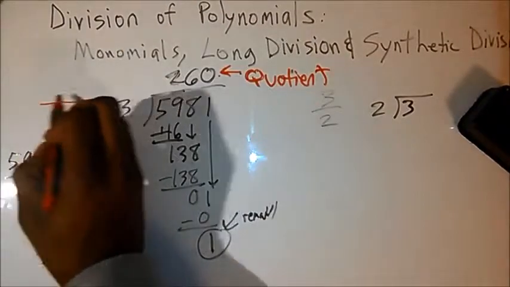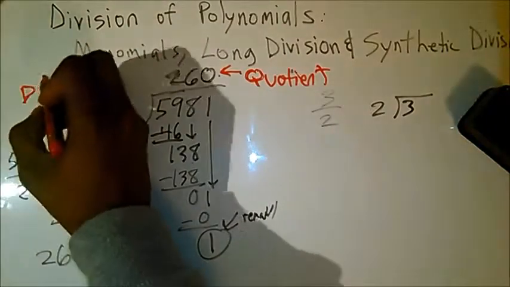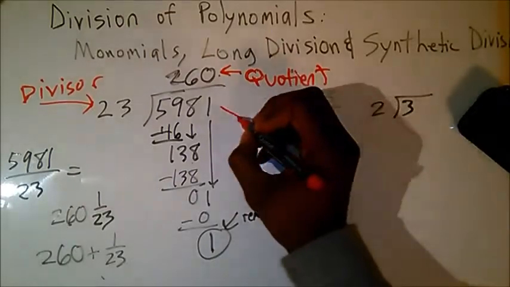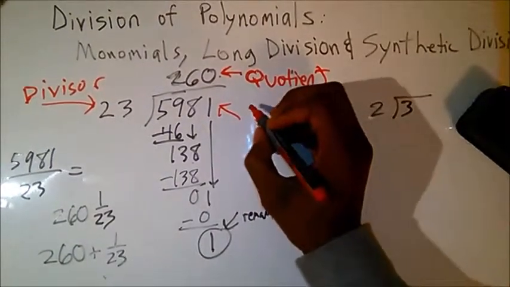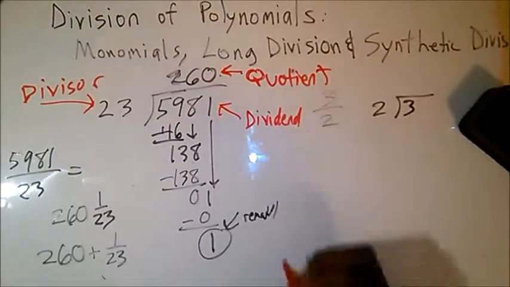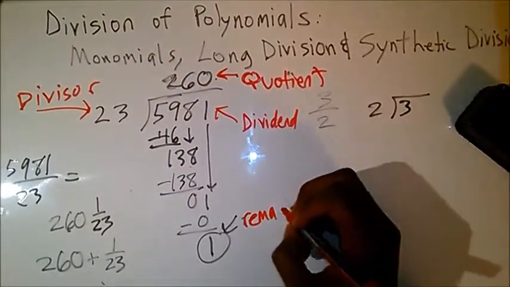This here is called our divisor. And this here is called the dividend. And of course, this thing here is called the remainder.